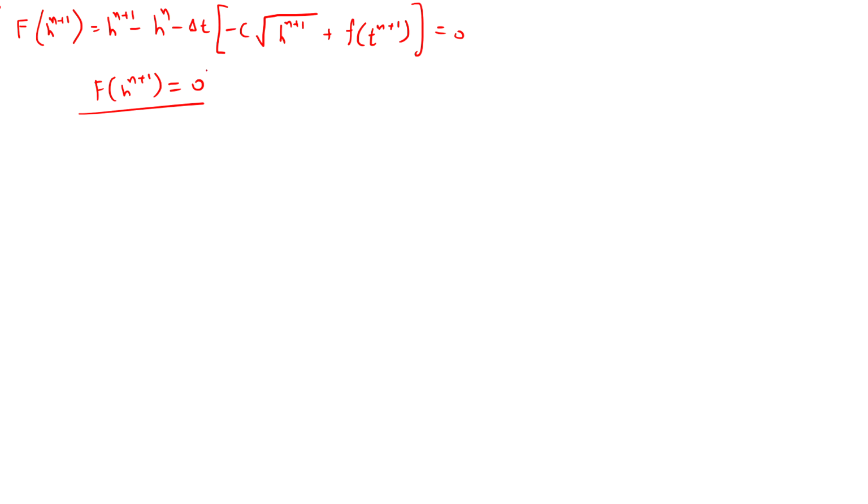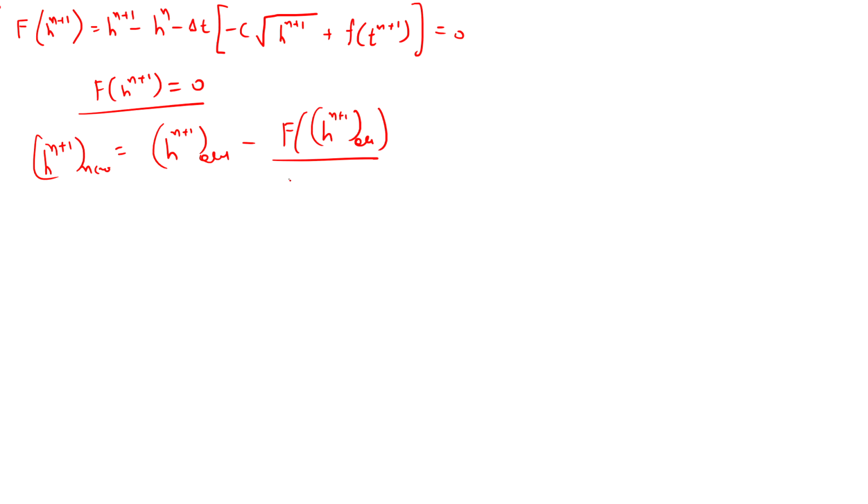So within each time step I will loop it: h_{n+1} new will be h_{n+1} old minus f of h_{n+1} old divided by f prime of h_{n+1} old.